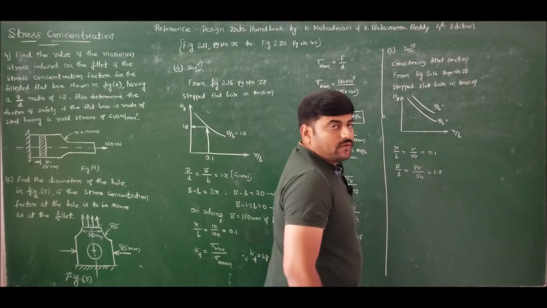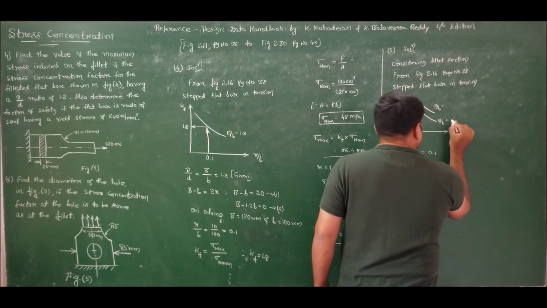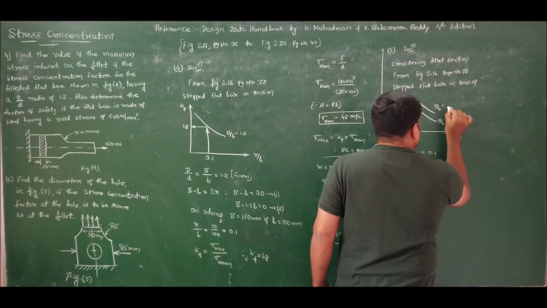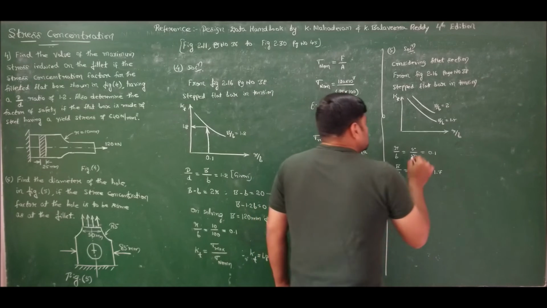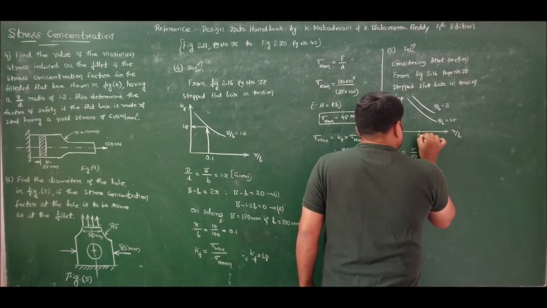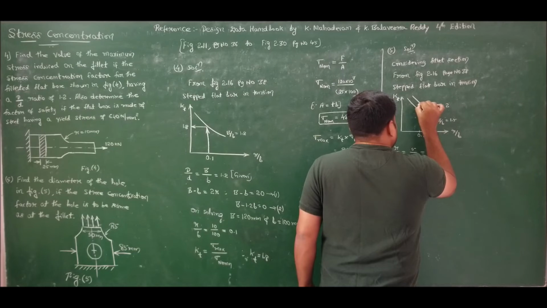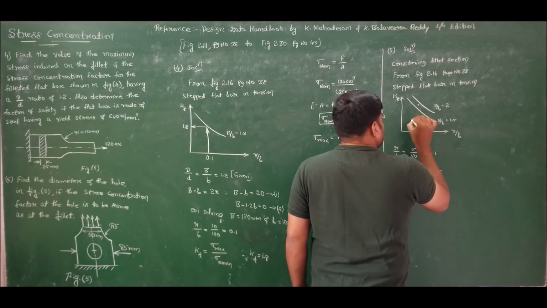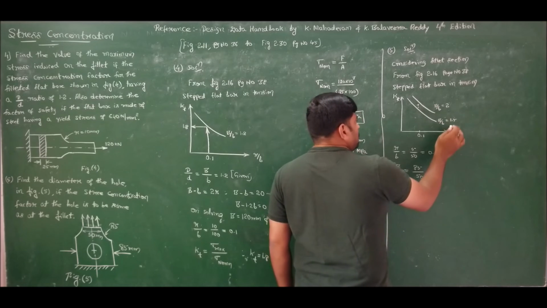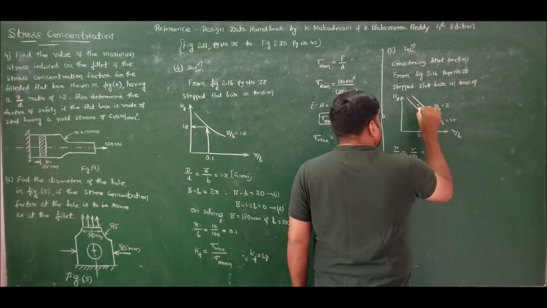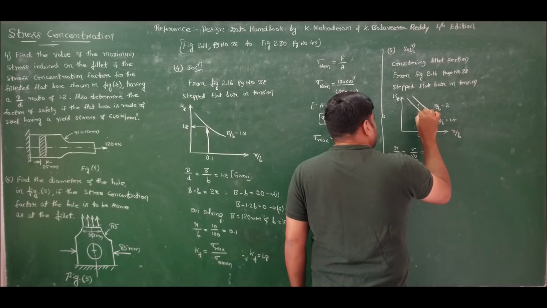But in the graph, you have curves only for 1.5 and 2. So take 0.1 and take the value exactly in between, because 1.7 lies between 1.5 and 2. The exact center is 1.75.